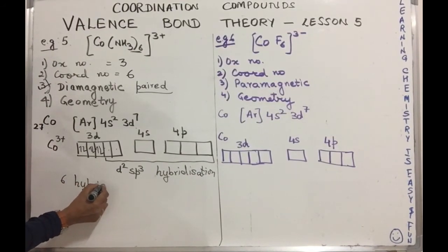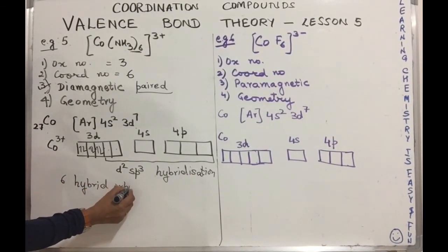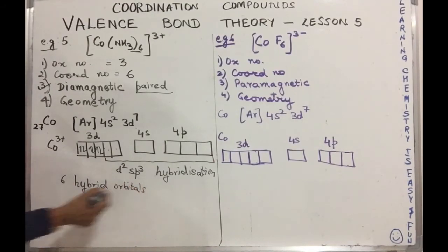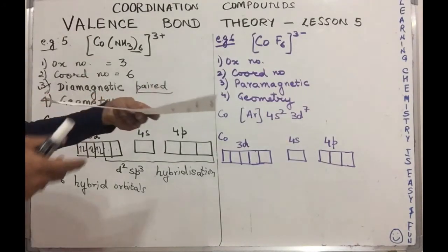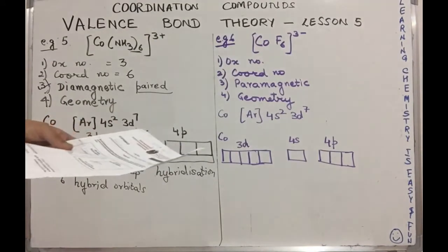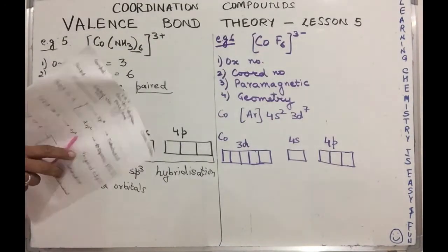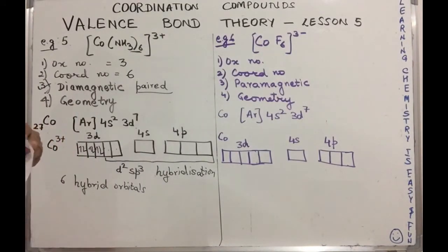Now these 6 hybrid orbitals have to be oriented so that they are at maximum distance apart from each other. We have done this geometry earlier as well. So it will be 4 in one plane, 1 above it and 1 below it. So let's do it then.